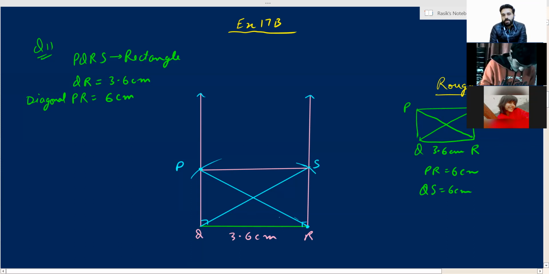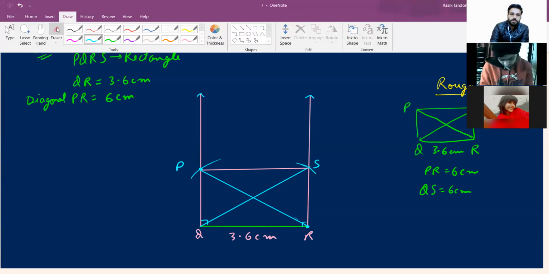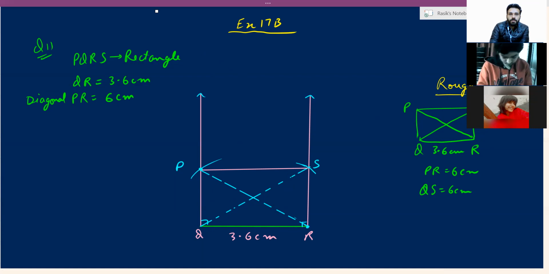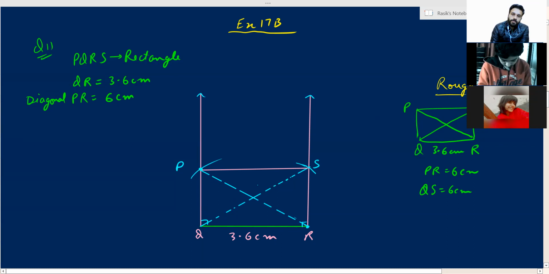So this is your rectangle PQRS, where PR is 6 centimeters and even QS is 6 centimeters. Okay, so this is the rectangle.